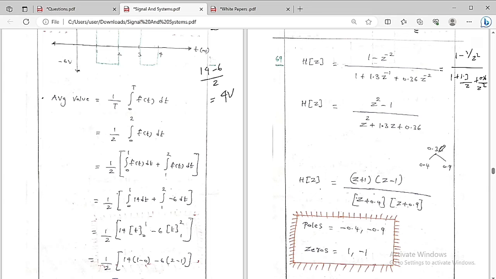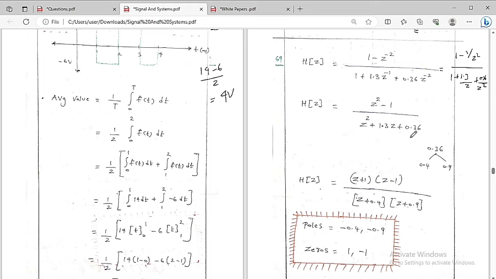Now 0.36, how can I write 0.36? 4 nines are 36, right? So 0.36 means 0.4 into 0.9. If you add these two, you get 1.3, because 0.4 plus 0.9 is 1.3, and 0.4 into 0.9 is 0.36.